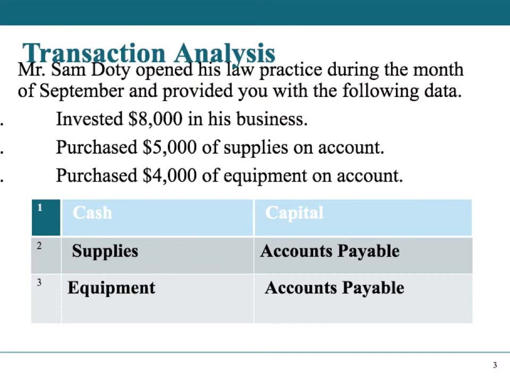Sam Doty opened his law practice during the month of September and provided you with the following data. So for the first one, Sam invested $8,000 in his business. So even though Sam gave up $8,000 worth of cash out of his personal pocket, remember, we have to separate his personal pocket from the business pocket.